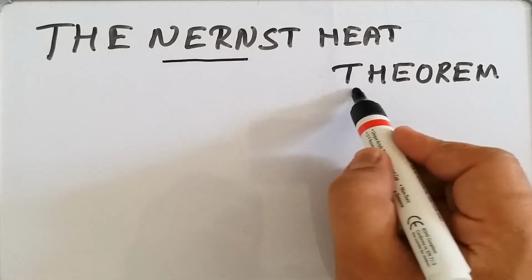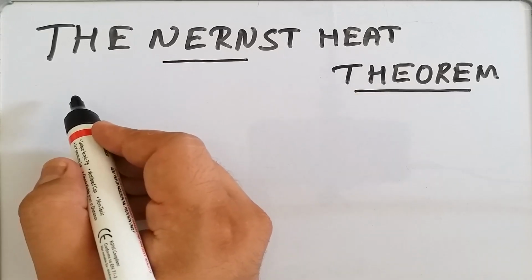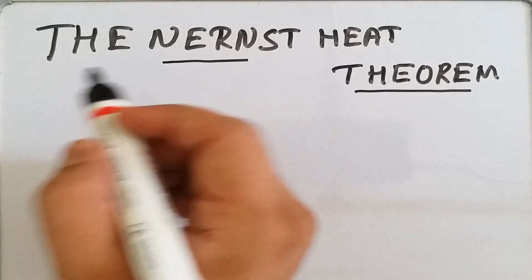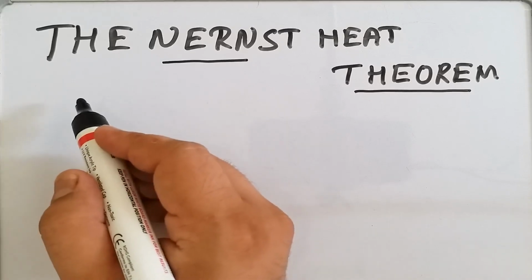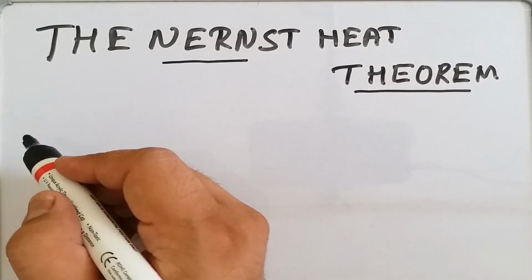Beginning with the Nernst heat theorem. This theorem was basically given by Walter Nernst, and this was out of several observations. Whenever we are studying the third law of thermodynamics, the first thing that we encounter is the Nernst heat theorem.